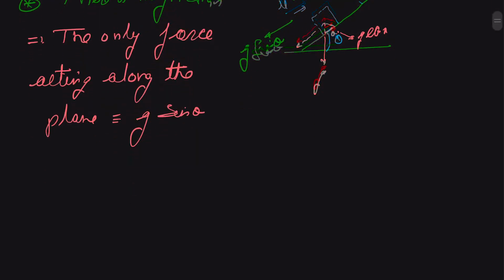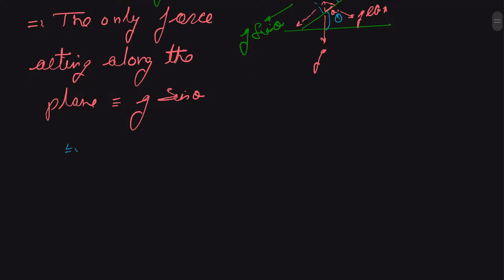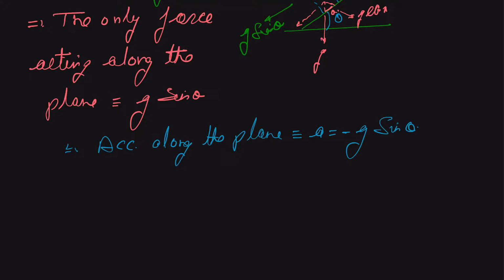Therefore, you can write that acceleration along the plane, let us suppose that is our a, will be equal to minus g sine of theta.